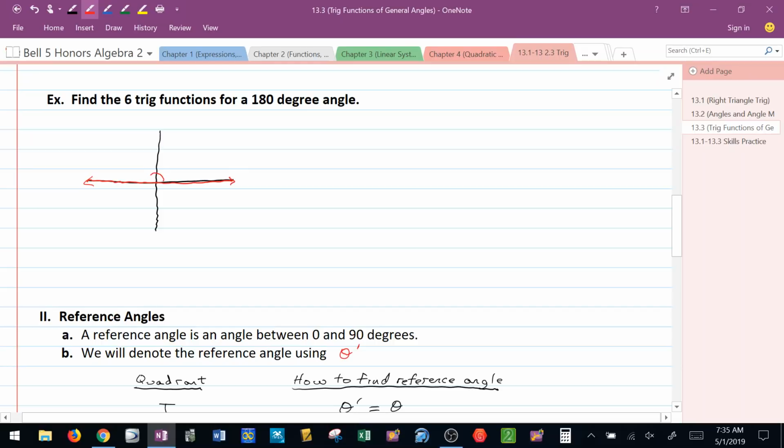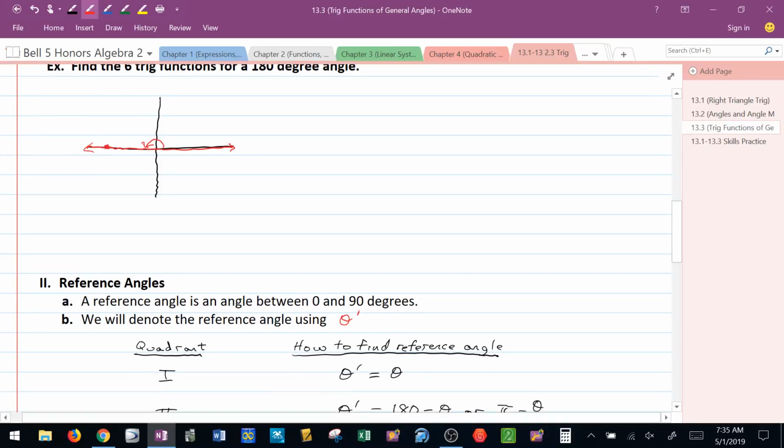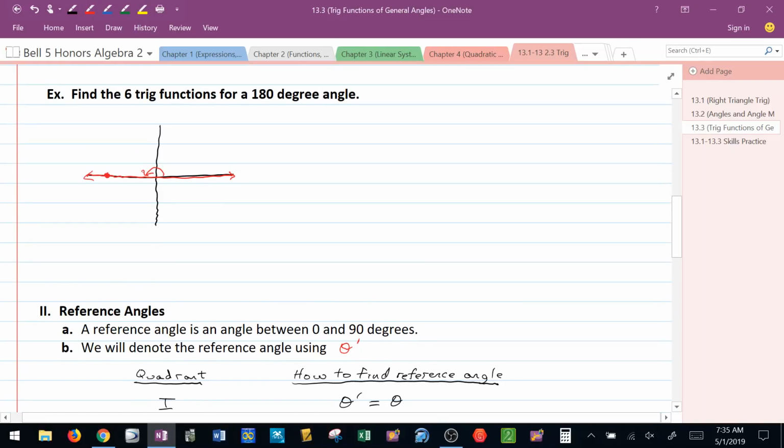This is 180 degrees. I now need to reference what it means to be the unit circle. A unit circle, we said in the previous lesson, means that it has a radius of 1. What that tells me is that I have a point out here that has a radius of 1. So this is going to be the point negative 1, 0.